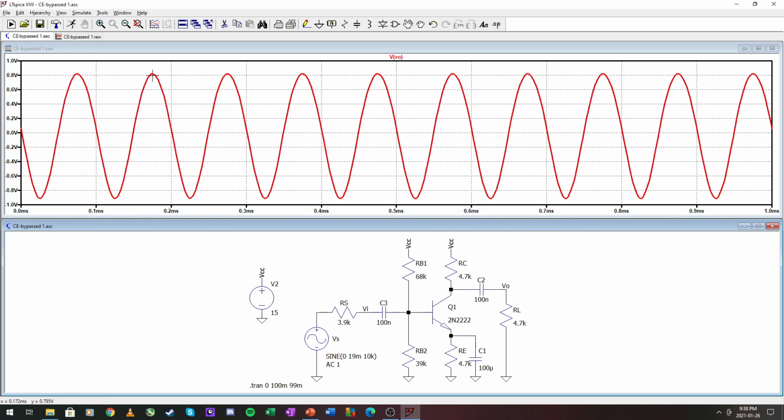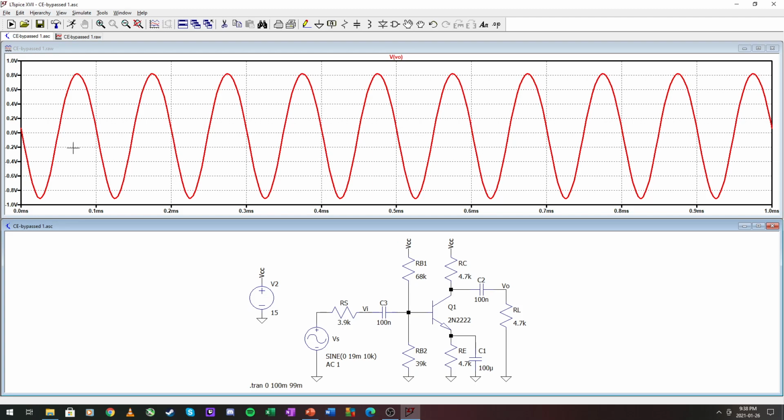And now we can see that we have perfect sinusoids on the output, and with GV this is close to the value that we had in our calculations. Remember, the simulation and the calculator will be a bit off from one another, but our maximum input as a source is 19 milli, and our maximum output is just above 0.8 volts peak.